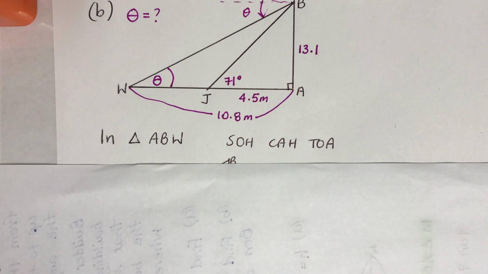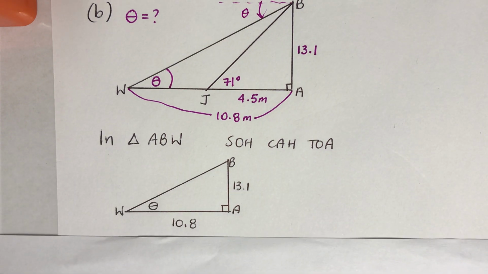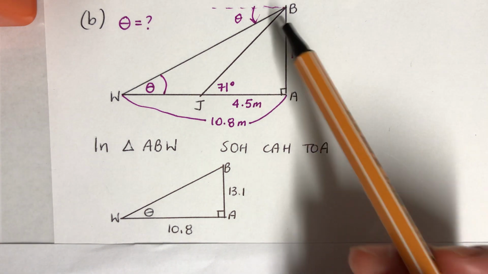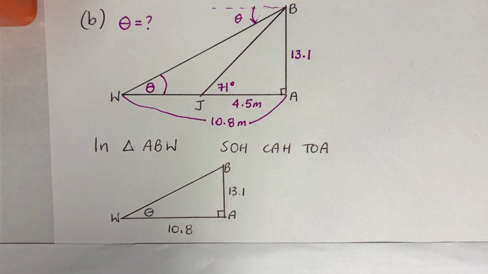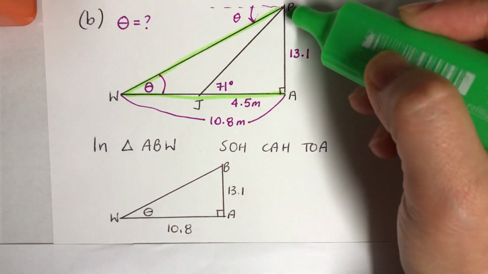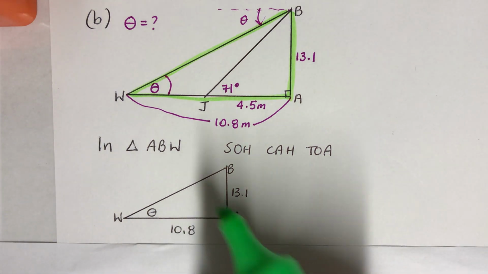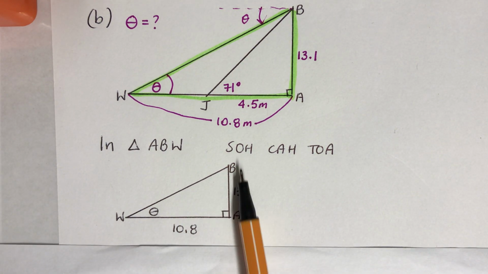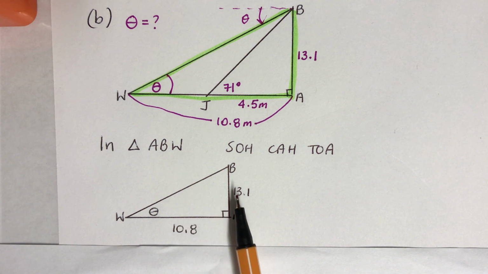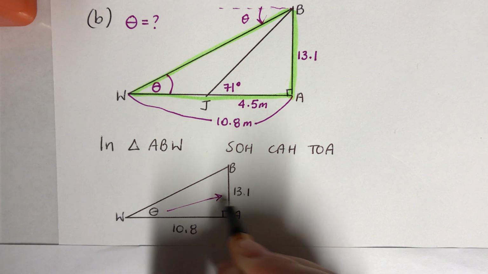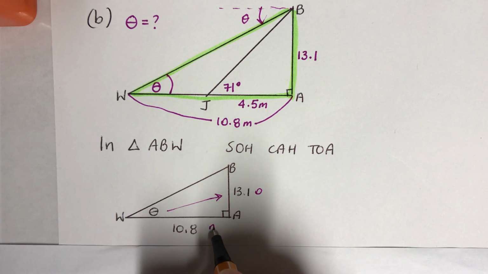Okay, so we sketch all the diagram first and then SOH CAH TOA. So we are looking at the big triangle now. I sketch this here again. All right, because we know the height of the building from the previous question was 13.1, and let's label it. So that's opposite and that's adjacent.